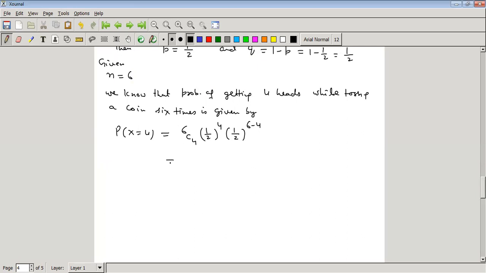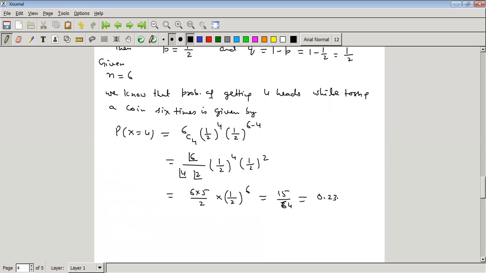And 6C4 means 6 factorial divided by 4 factorial into 2 factorial, into 1 upon 2 to the power 4 into 1 by 2 to the power 2. So that is 6 into 5 upon 2, into 1 upon 2 to the power 6, that is equal to 15 by 64. After calculating, we get 0.2344.